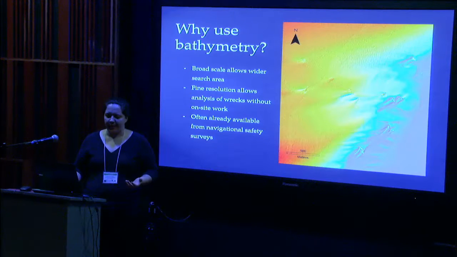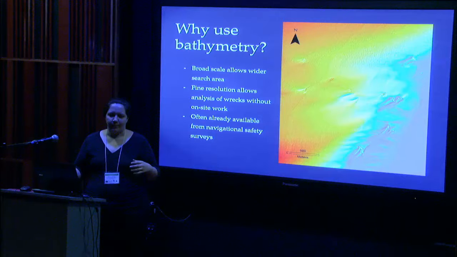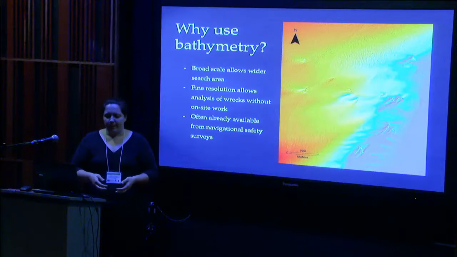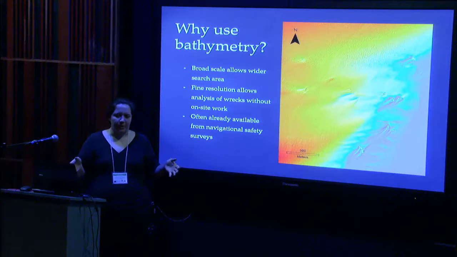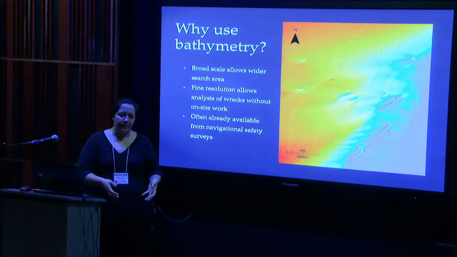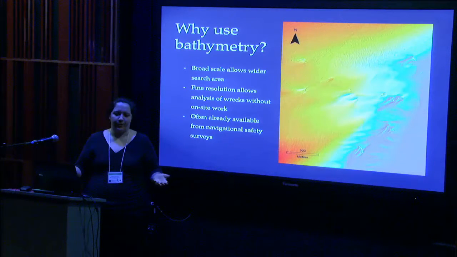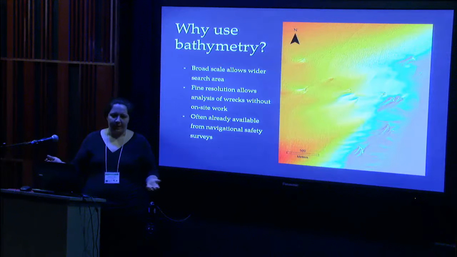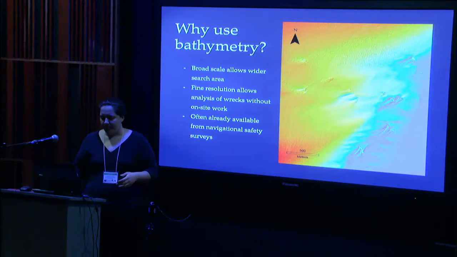Bathymetric data is useful in maritime archaeology because its broad scale allows a much wider search area than you would get if you were trying to individually look at every site. This can be useful both for getting a broad picture of a wreck that you know is there, and also for searching for other wrecks in the area that you didn't know about already.